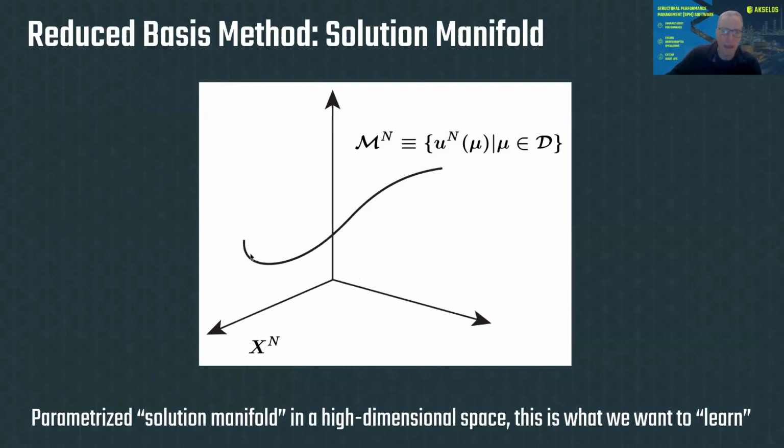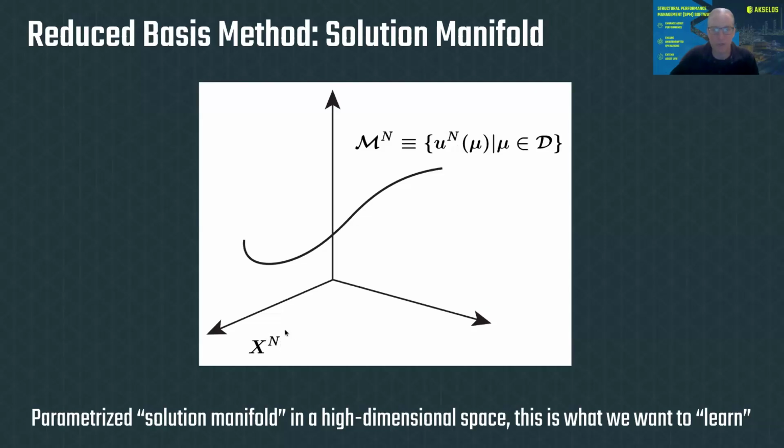So it's like you're mapping out a path in this high dimensional space, where the space is of dimension big N, right? Because the solution vector has big N coefficients. So obviously you're in this big N dimensional space.